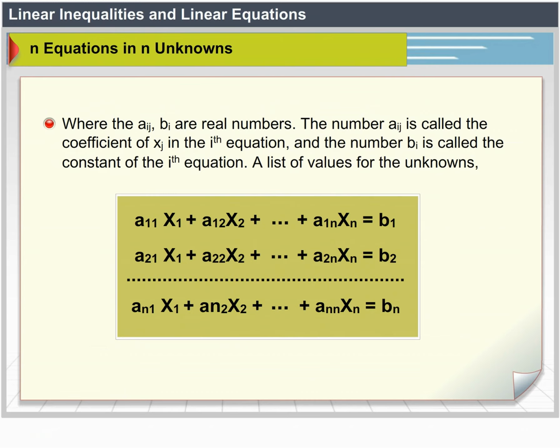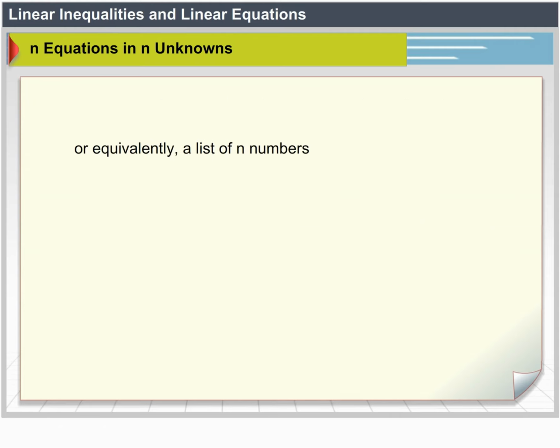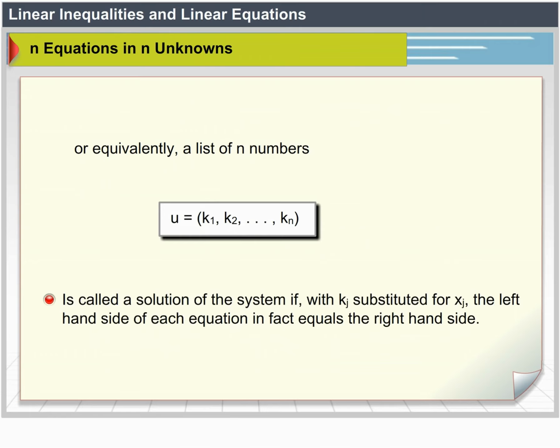A list of values for the unknowns x1 equal to k1, x2 equal to k2, up to xn equal to kn, or equivalently, a list of n numbers u equal to k1, k2 up to kn, is called a solution of the system if, with kj substituted for xj, the left-hand side of each equation in fact equals the right-hand side.